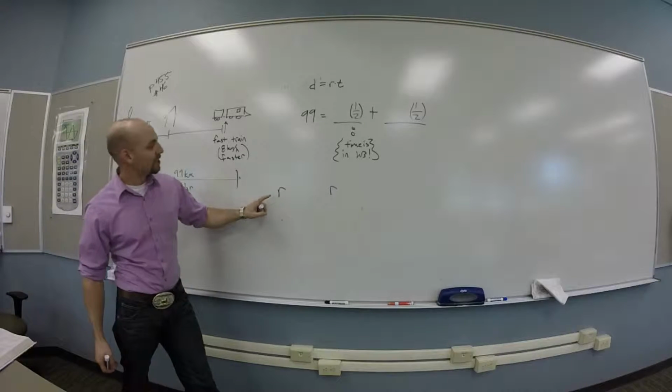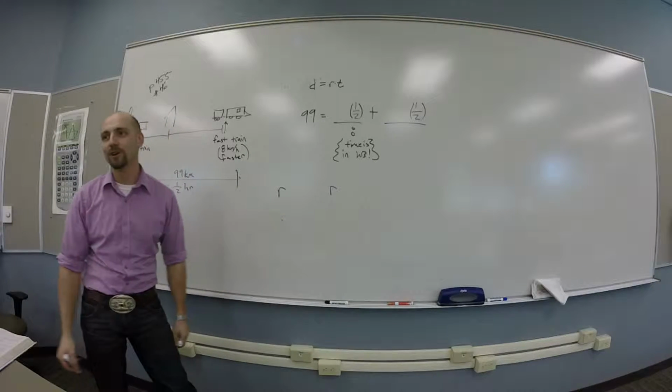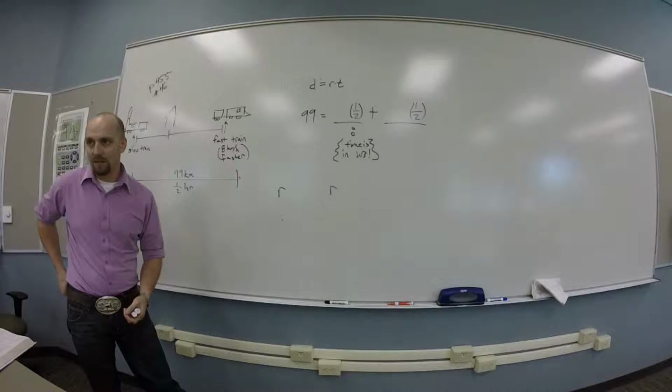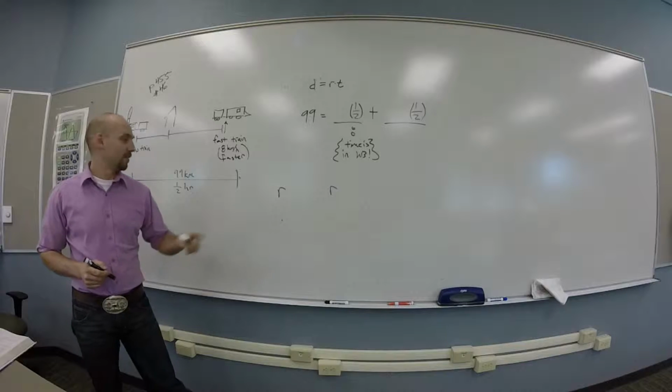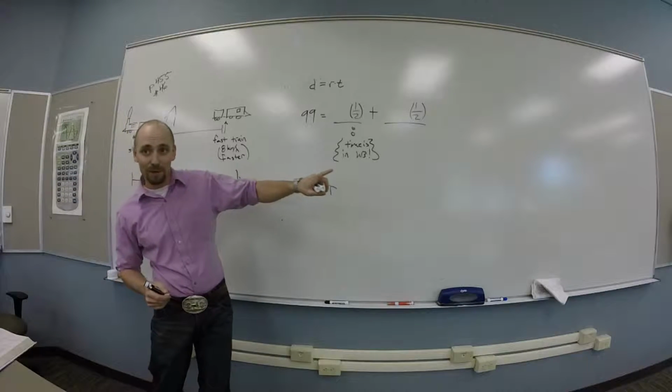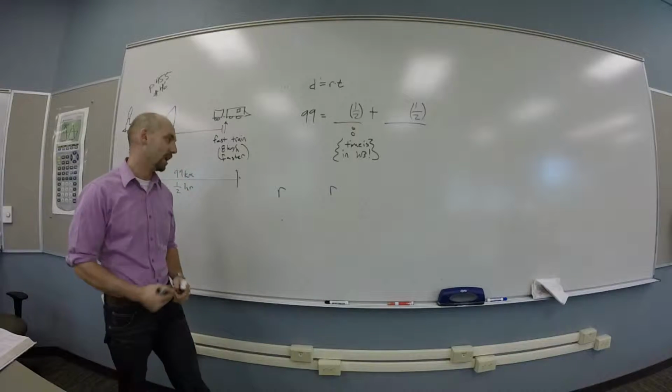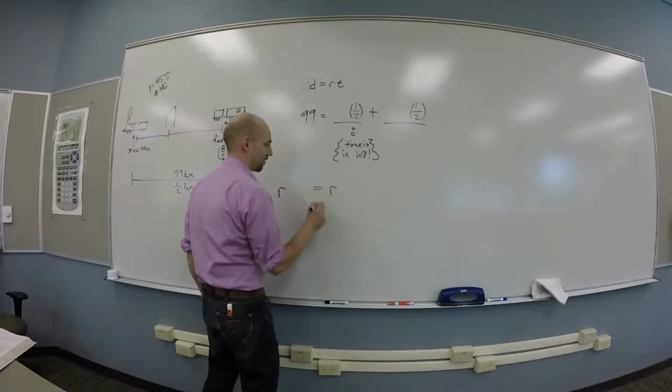All right. So what's the relationship between the red R and the blue R? The red R is 8 kilometers faster than the blue R. Which means I have to what to make them equal?